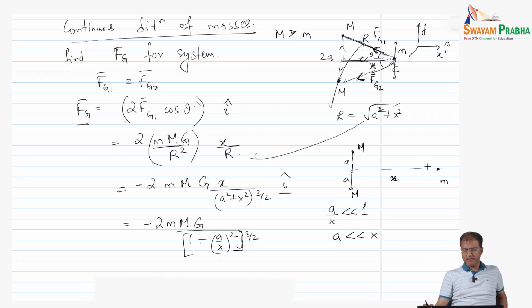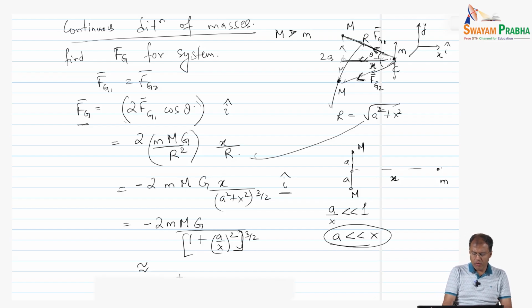We see that this gravitational force is going to come out to be, well, have we missed something? We have divided by x, so this is 3 by 2, so we have to divide by x square also, right? So this net gravitational force comes out to be as follows.